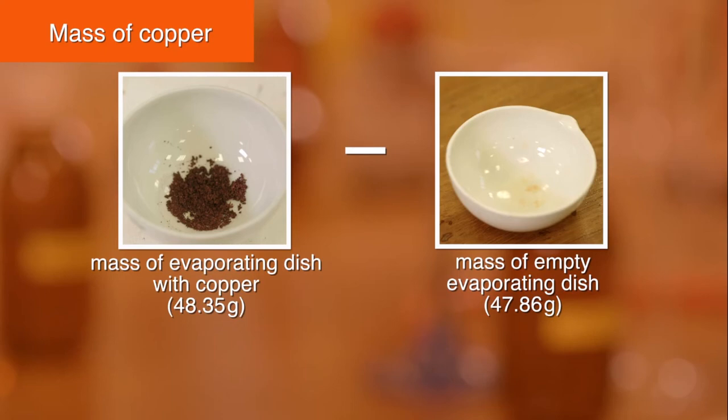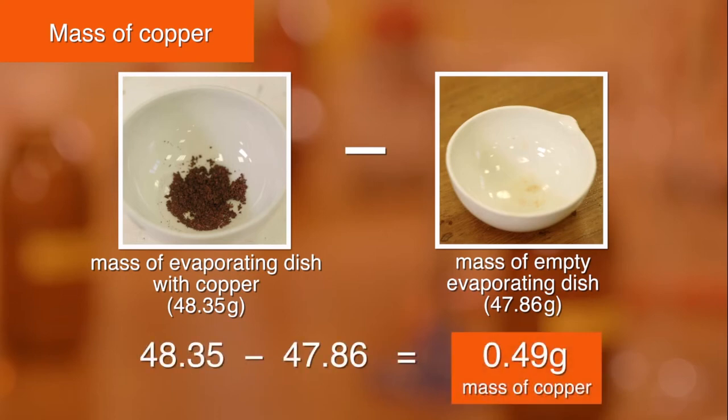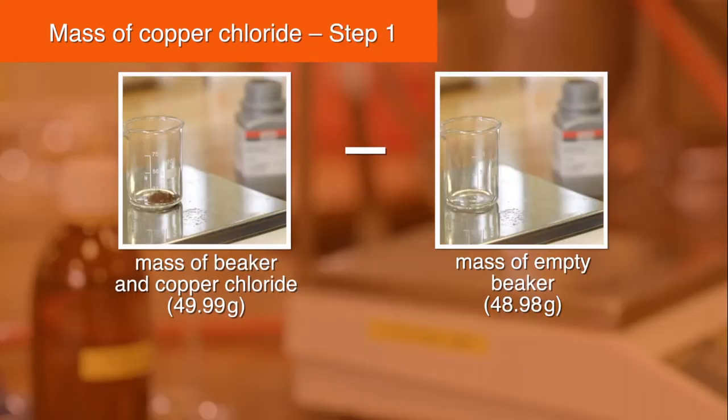First, to find the mass of copper in the anhydrous copper chloride, the mass of the empty evaporating dish is subtracted from the constant mass of the evaporating dish containing the copper. Now, the mass of chloride needs to be found. This is done in 2 steps.